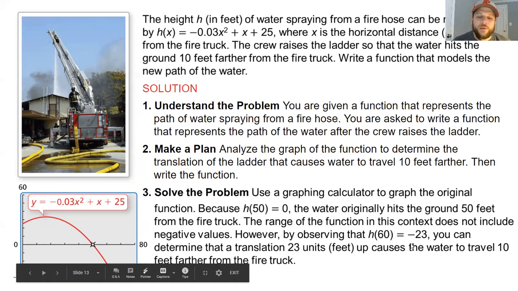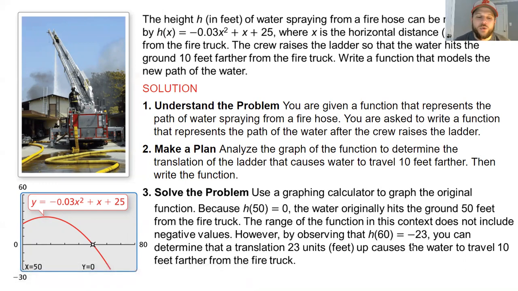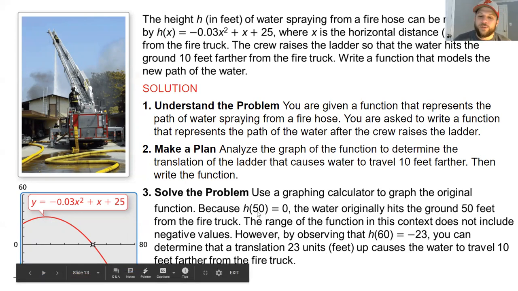So then you can determine that when you translate this 23 units up, or 23 feet up, that is the difference of the 10 from your 50 to your 60, because we're adding 10 to the 50 to get 60, which means that your vertical change has to be 23 feet.